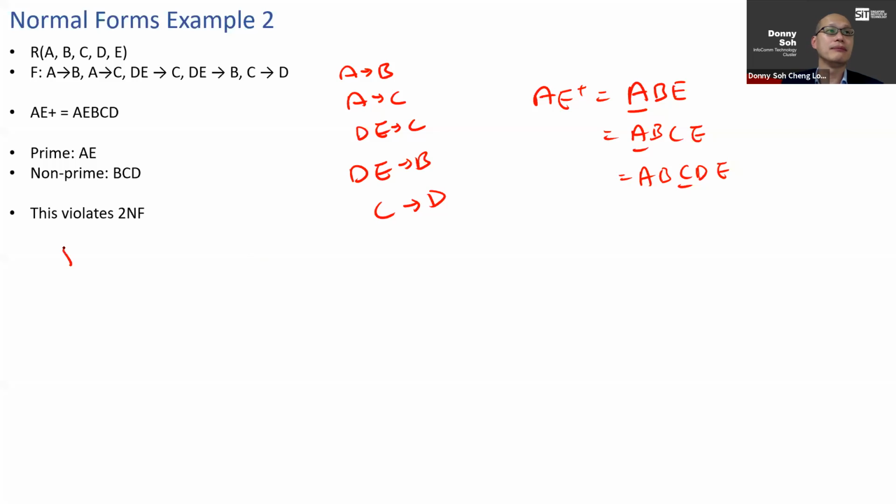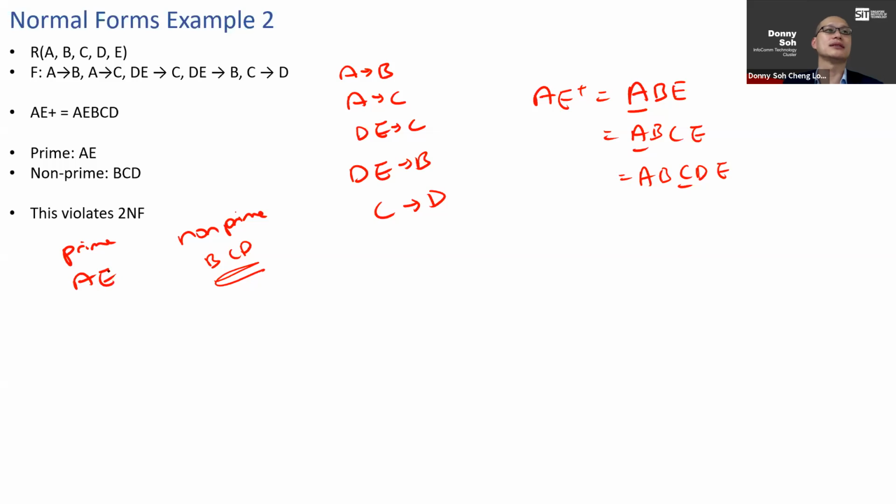So the prime attributes are A, E. Non-prime are B, C, D. This by default is in 1NF, so we have to check whether it is in 2NF or not. Look at the non-prime attributes.